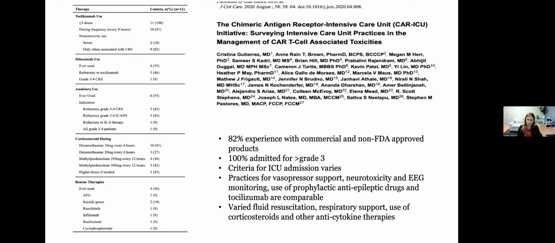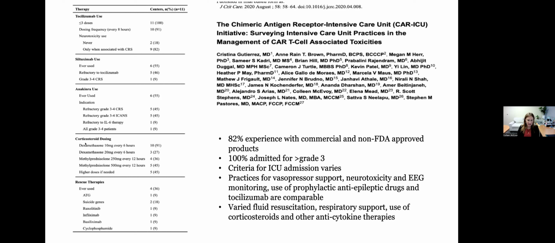And we saw that there was really no difference in vasopressor support, neurotoxicity and EEG monitoring, and use of prophylactic anti-epileptic drugs, which was at grade 1 of ICANS. And then the use of tocilizumab was comparable. But what we did find that was different was the varied fluid resuscitation, which is not surprising to any intensivists out there, respiratory support, use of corticosteroids and other anti-cytokine therapies.